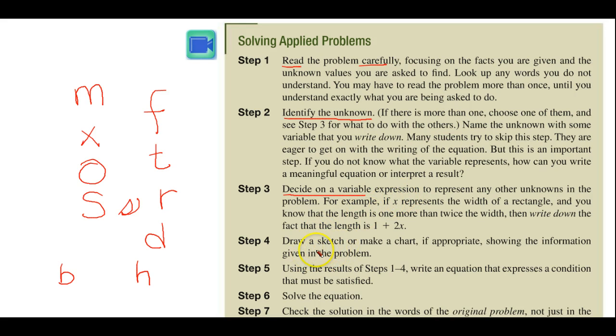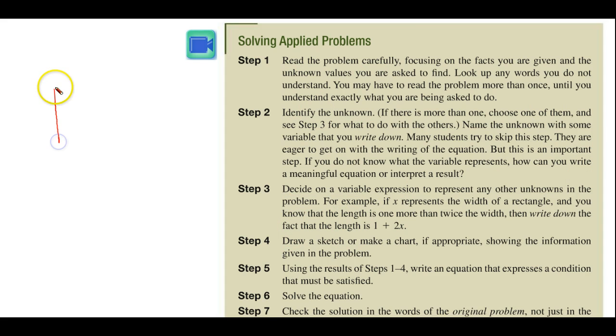Often useful too is to draw a sketch, make a chart showing the relationship of what you have. So, visualizing what you're going to look for. For instance, if you had a rectangle, you could make a rectangle. If you had a triangle, you can make a triangle.